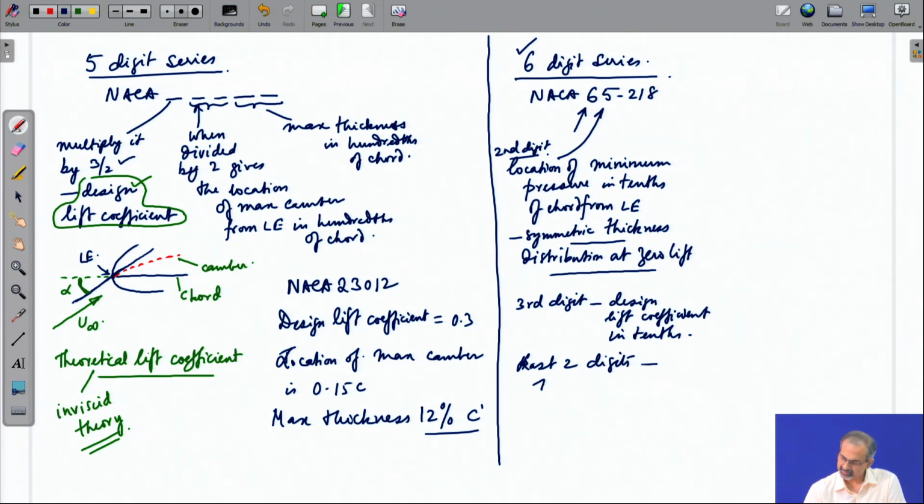They give the maximum thickness in hundredths of chord.